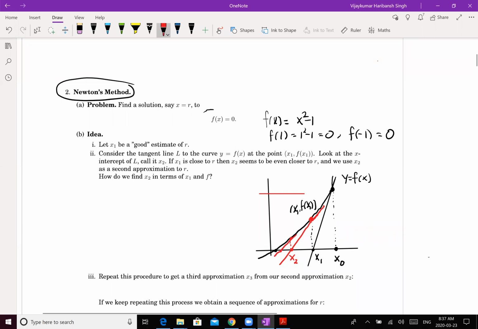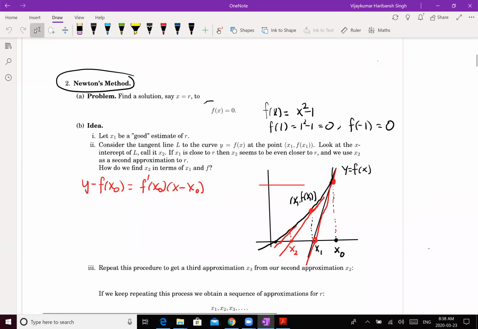So what is the equation of the tangent line at x0? y minus f of x0 equals f prime of x0 times x minus x0. So this is the equation of the tangent line, right?